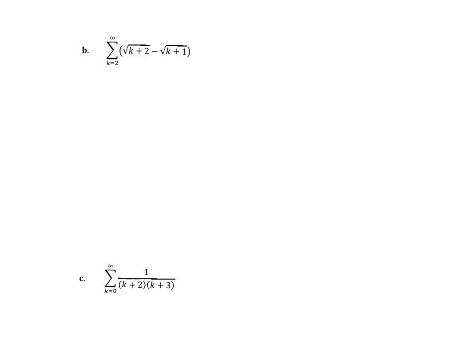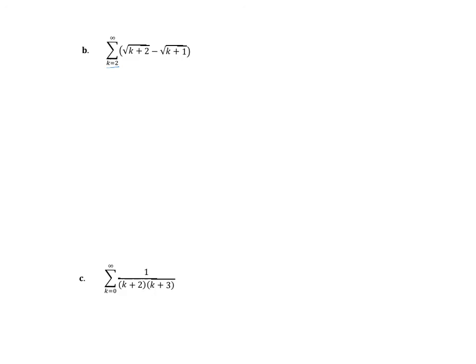Let's try some more examples with a telescoping series. So in part B, I notice that this is not a geometric series because there's 2 terms, but they are separated by subtraction. So since they are separated by subtraction, I'm thinking probably telescoping. I'm starting with k is equal to 2.